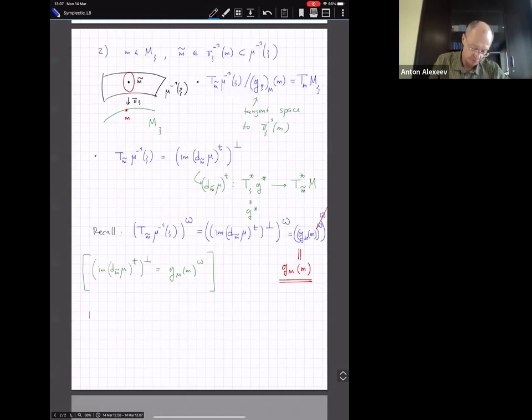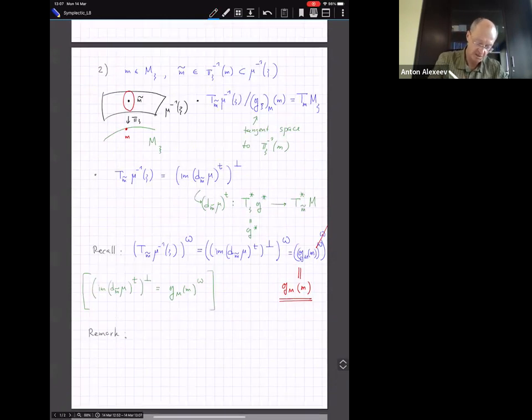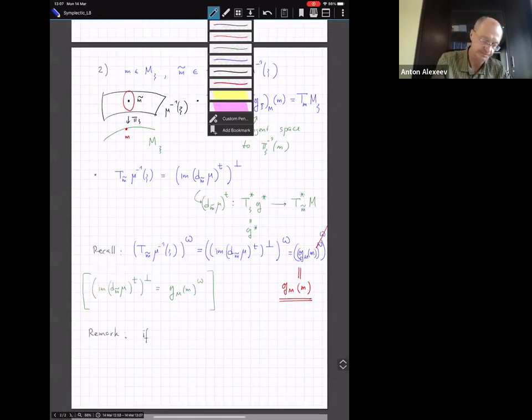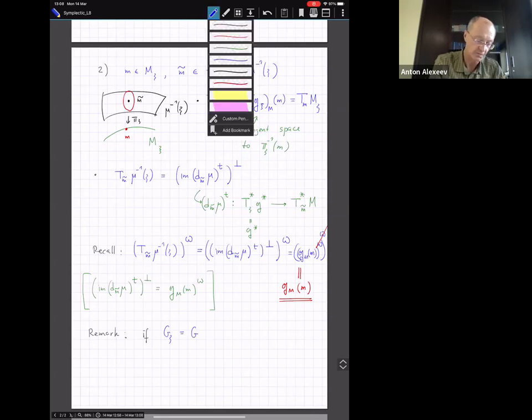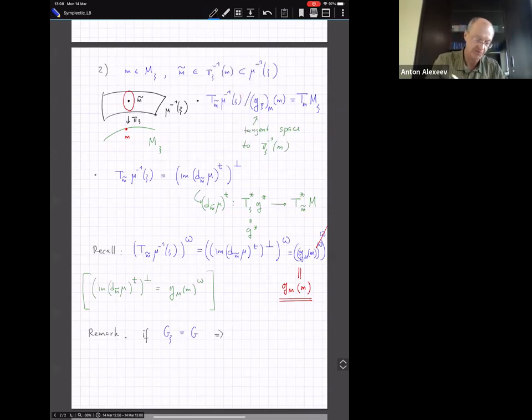And here maybe a small remark. In case of G psi equal to G, then the fibers are actually coisotropic.